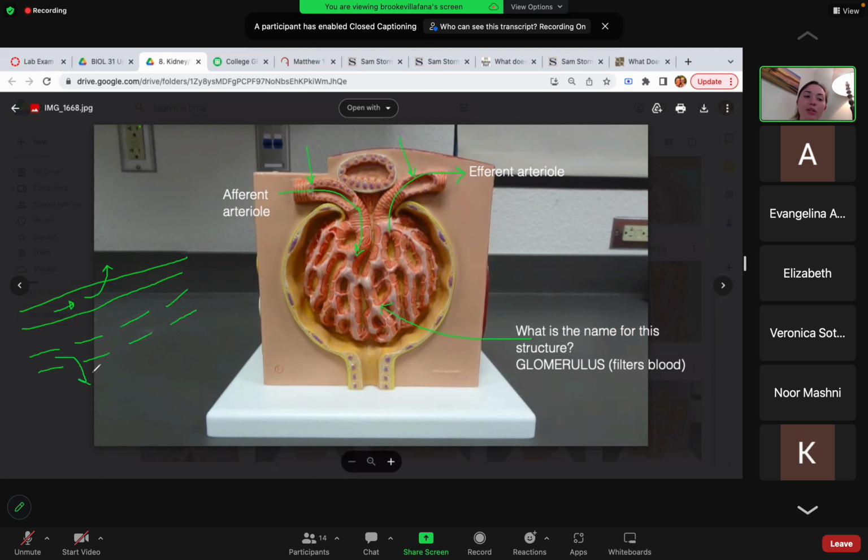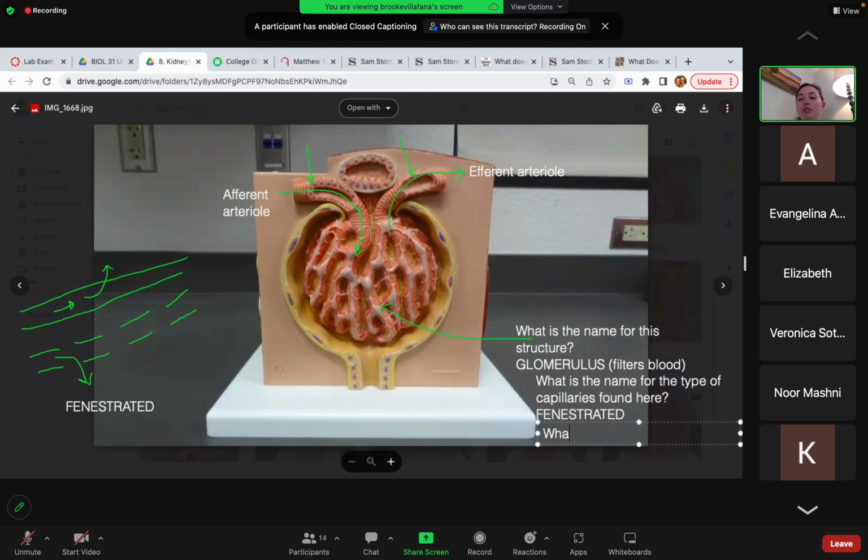And then that allowed things to get out, like white blood cells. So that is called what? Fenestrated, right? Fenestrated is when it has the holes. So if we ask you on the test, what is the name for the type of capillaries found here? Your answer would be fenestrated, okay?